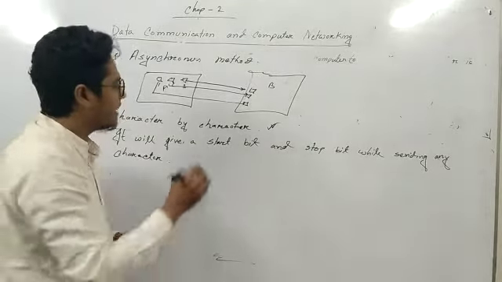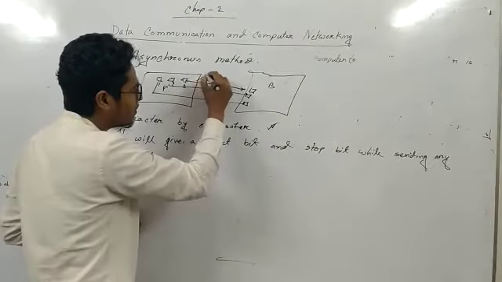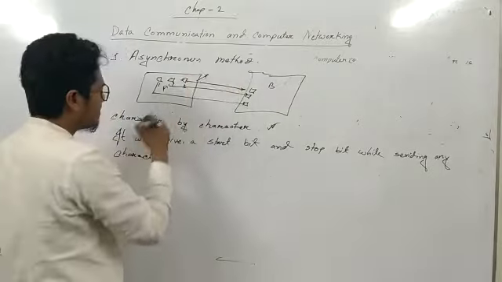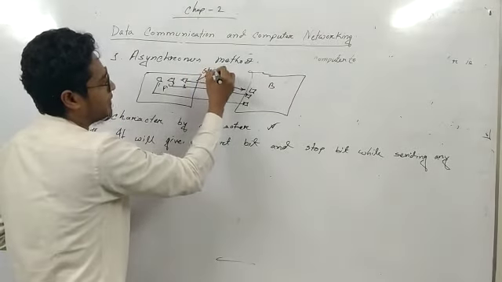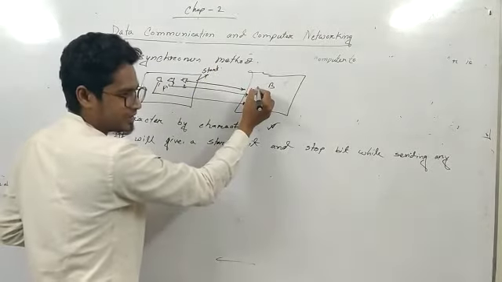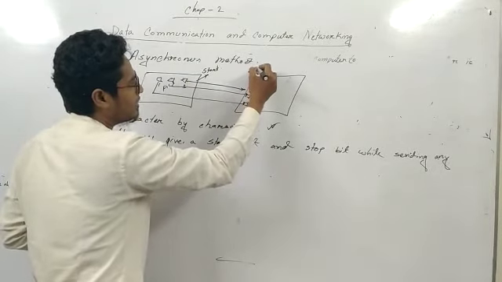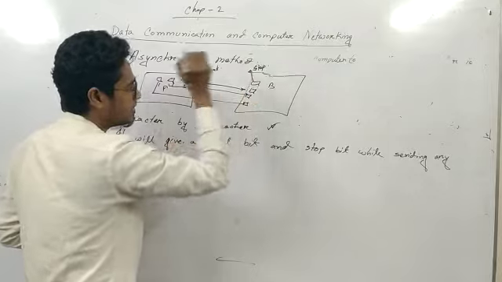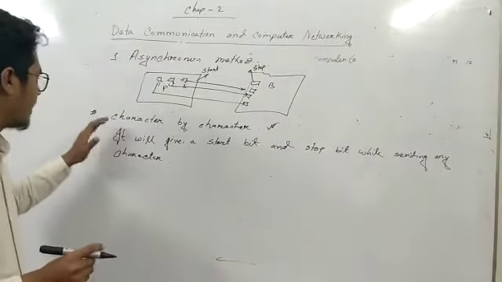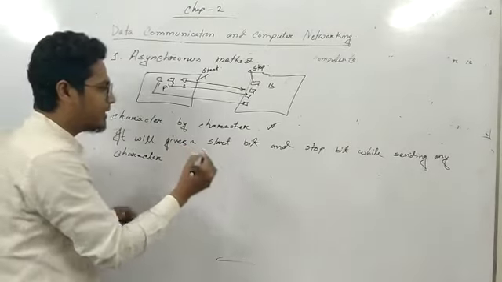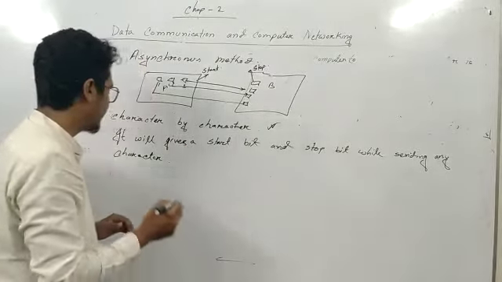Say when it just starts to go to another device, there will be a start bit. After the other device receives it, it will give a stop bit. So the second point is it will give a start bit and stop bit while sending any character.